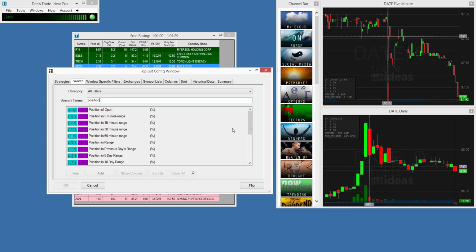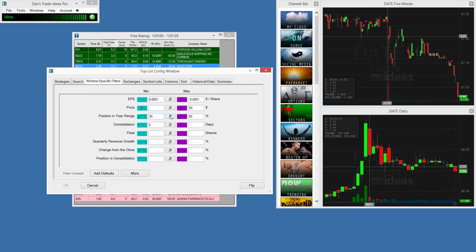So what that means is this is a very important thing for everybody to understand. Our concept of position is how you visually describe where you want the stocks to be, and this is the beauty of Trade Ideas. So when I say position in year range, minimum 35 and maximum of 85, what I've done here is I've eliminated stocks that are basically on yearly lows.